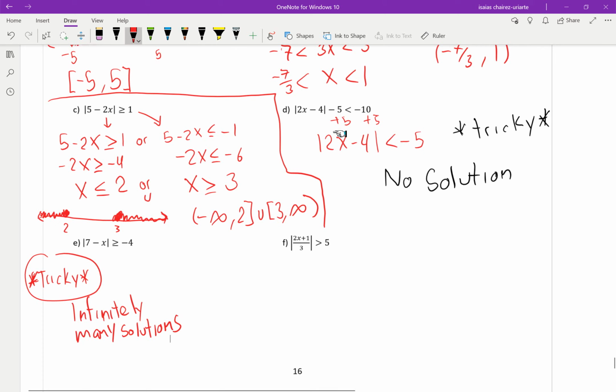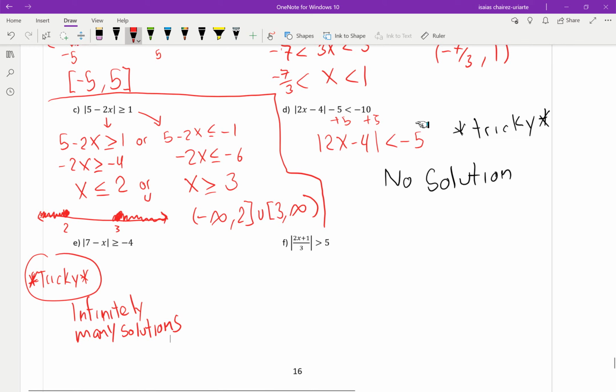Something positive or equal to 0 can never be smaller than negative. So here's no solution. Now, something positive or equal to 0 is always bigger than something negative, no matter what value of x. So that's why this guy has infinitely many solutions. So these two scenarios here are kind of tricky.